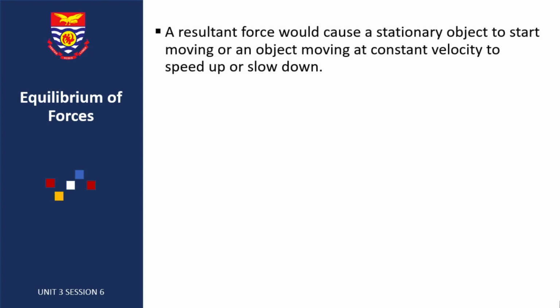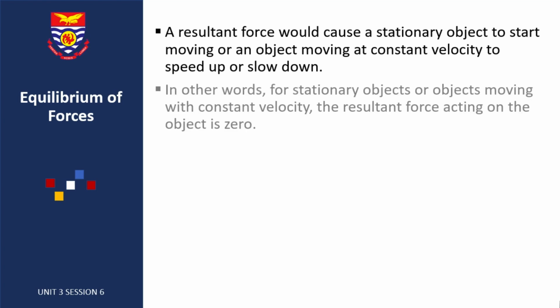So let's look at equilibrium of forces. In equilibrium, different forces are acting on the body. Once we have different forces acting on the body, a resultant force would cause a stationary object to start moving, or an object moving at a constant velocity to speed up or slow down.